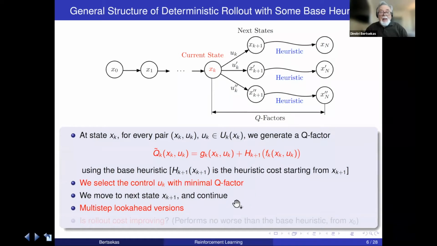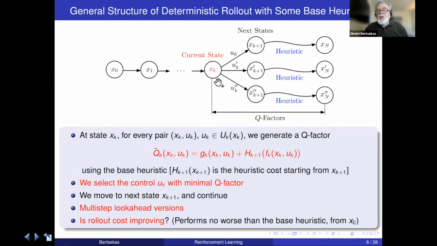The big question here is whether rollout is cost improving. What do I mean by that? If you run the base heuristic from the initial state x0, you obtain a certain solution, a certain state and control trajectory with certain cost. If you run the rollout algorithm, go all the way to the end, you generate a different state trajectory and a different control trajectory.